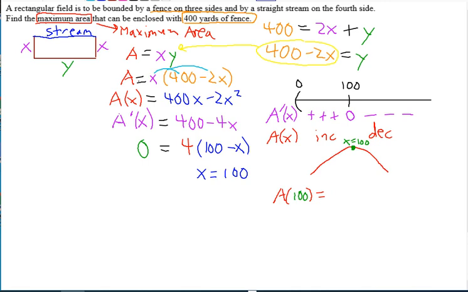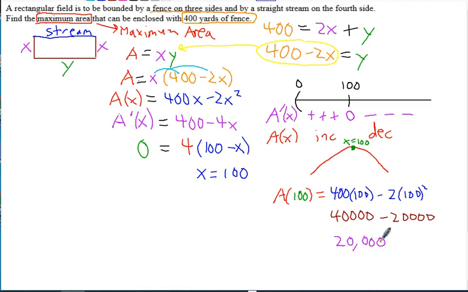So I'm just going to use this form right here. So that'd be 400 times 100 minus 2 times 100 squared. So 400 times 100 gives you 40,000. 100 squared is 10,000 times 2, 20,000. So 40,000 minus 20,000 gives you 20,000.